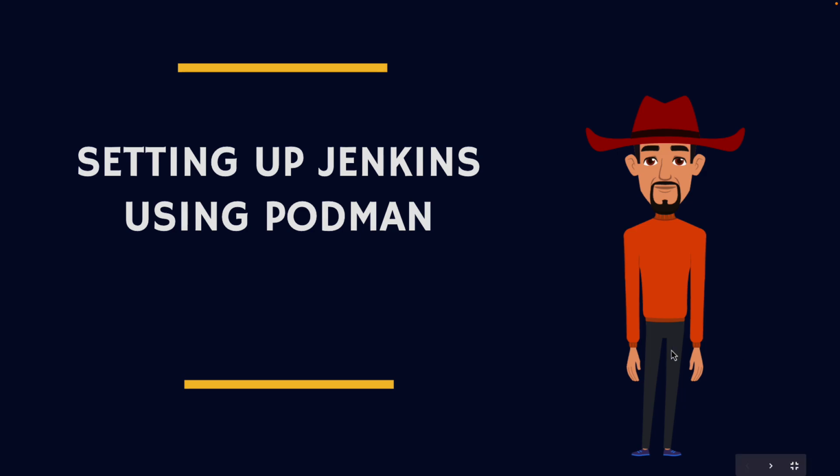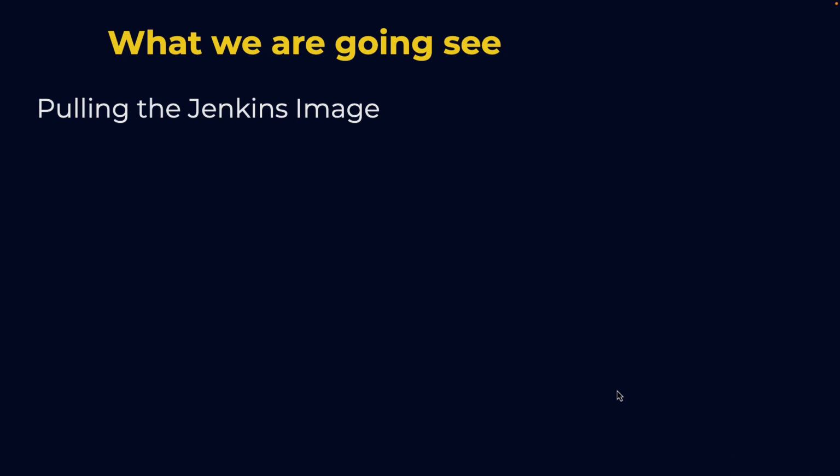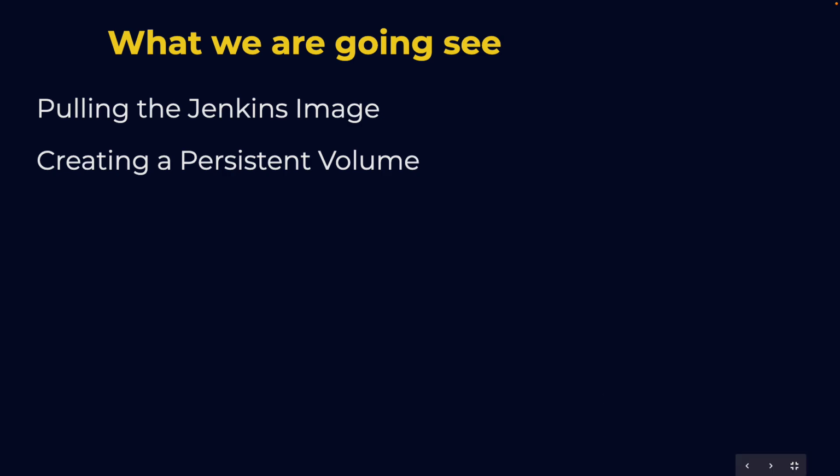So what are we going to see in this video? First and foremost, we'll pull the image using a Podman command. This will be a six step exercise. Second, creating a persistent volume that will act as a store, to ensure that data is not lost even if the container is stopped or restarted.